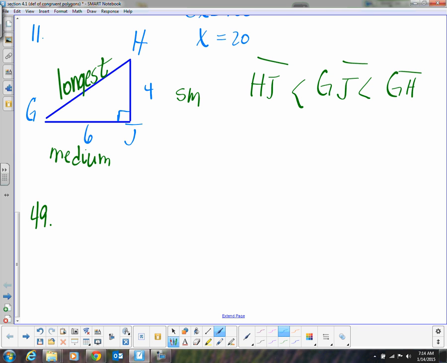And they told you that 1 and 2 are corresponding. So 1 is 33x plus 2, and 2 is 68. So 33x is 66. X is going to be 2. And what did they ask for? Value of x. Next question. That was like a review.